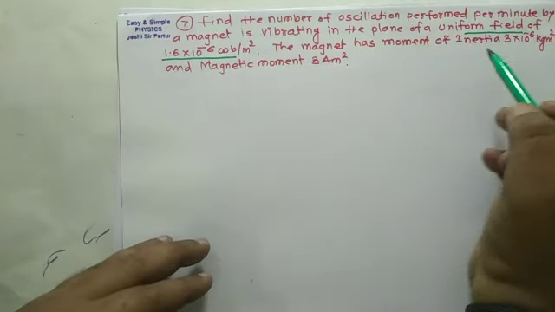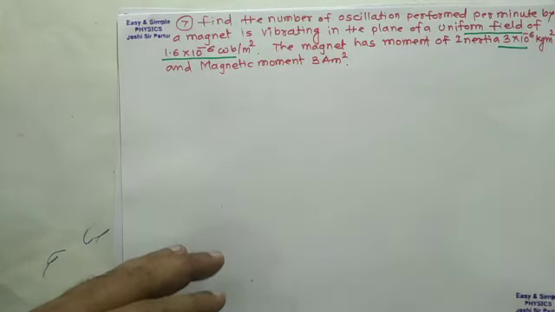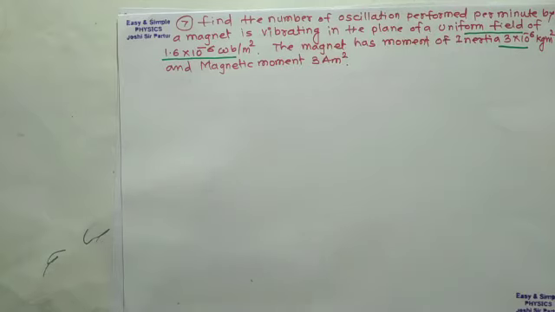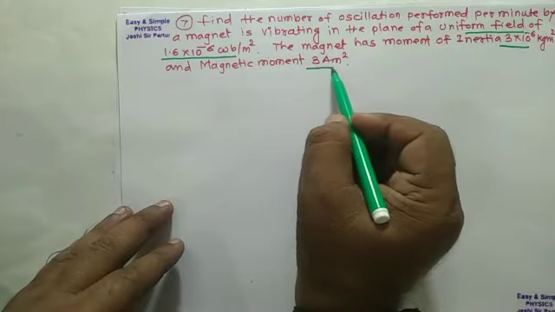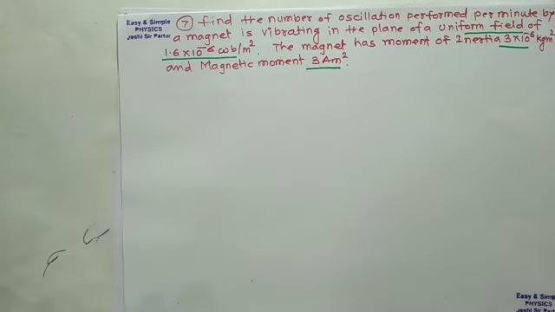The magnet has moment of inertia 3 into 10 to the power minus 6 kg meter square, and the magnet has magnetic moment 3 ampere meter square.